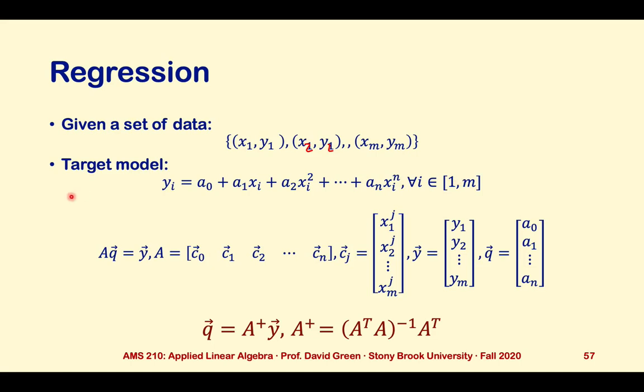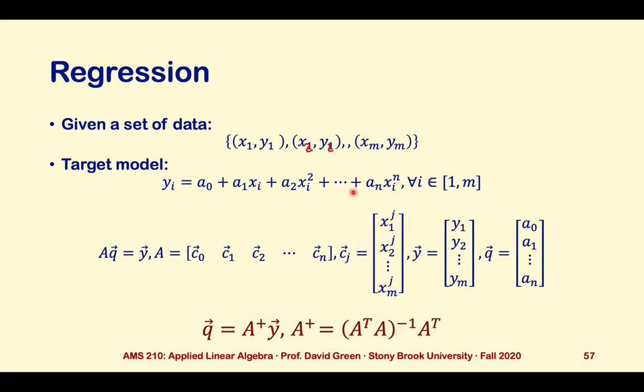But the general form for solving this kind of problem is that we build a matrix that has columns whose entries are processed values of x. So the first column has all of the x values raised to the 0 power. Of course, that actually just gives us a column of all ones. The second column would have the x's all raised to the first power. The third column would have them all raised to the second power, and so on.